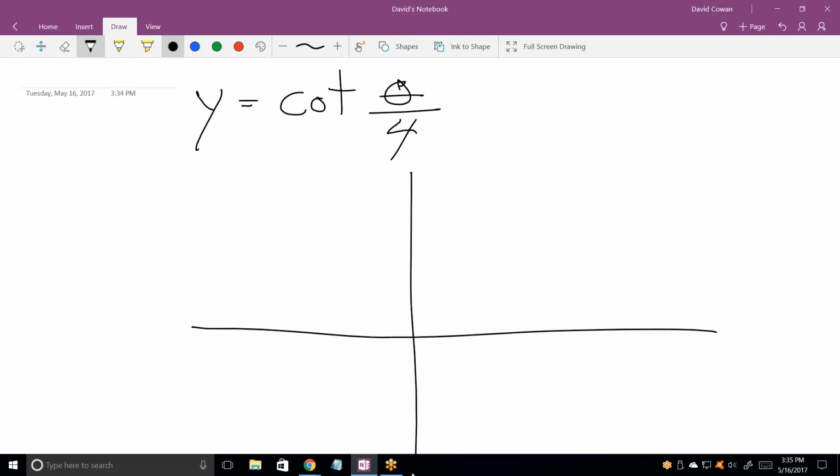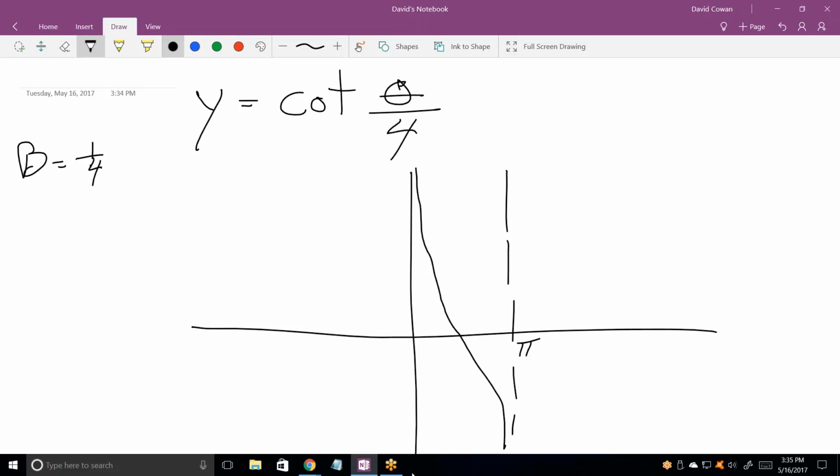If I was graphing just cotangent of theta, it would go from 0 to pi, like that. That'd be one cycle. So, what's the period here? What's B, first of all? B is 1/4.